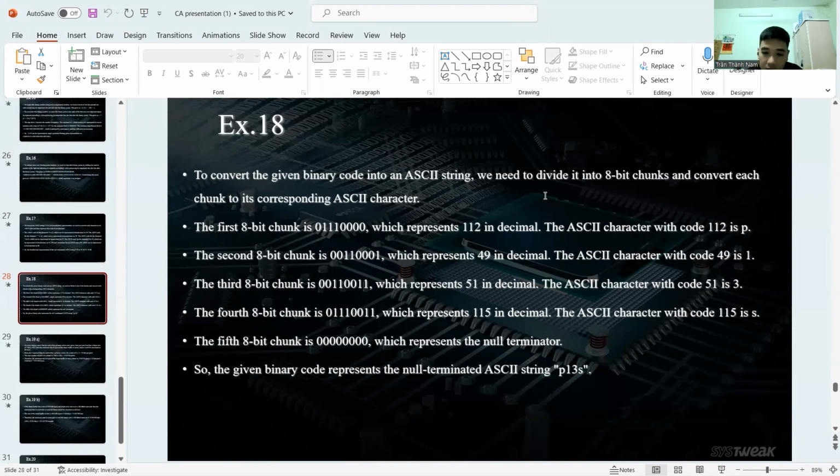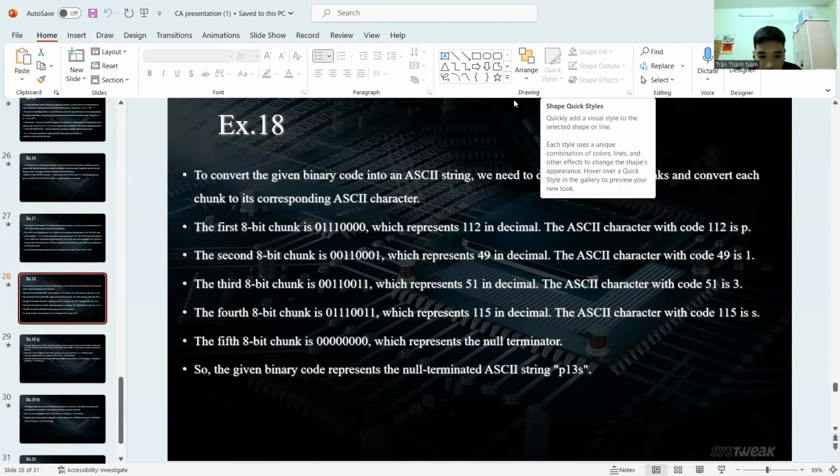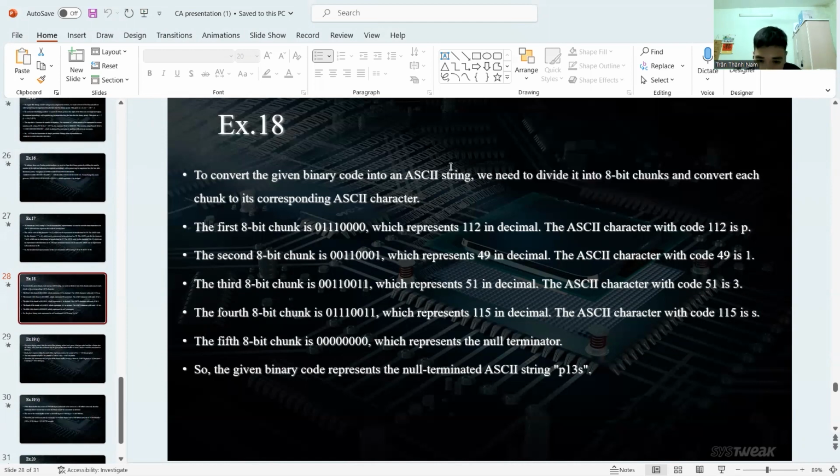The ASCII character with code 112 is p. The second 8-bit chunk is 00110001, which represents 49 in decimal. The ASCII character with code 49 is 1.